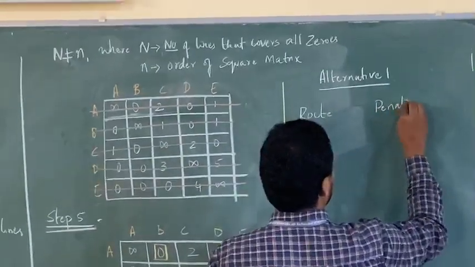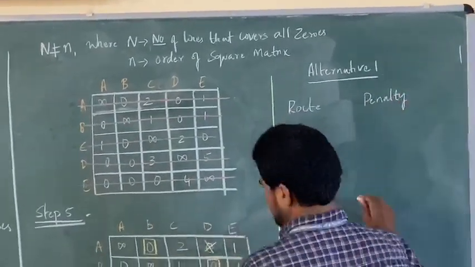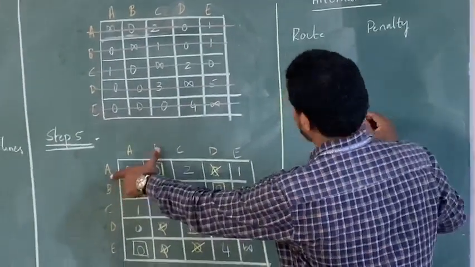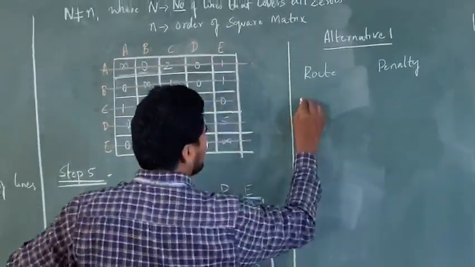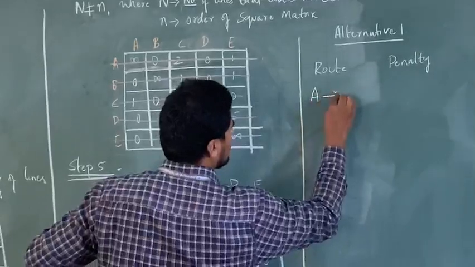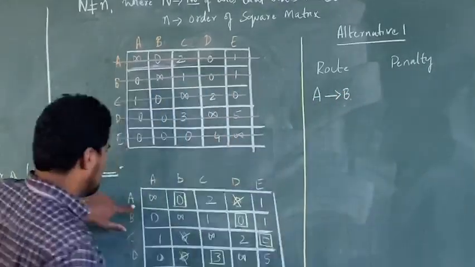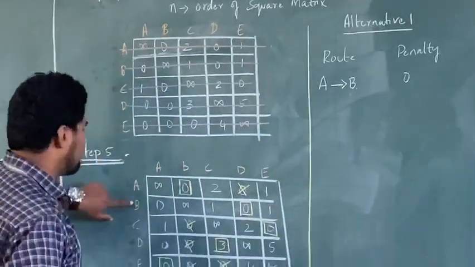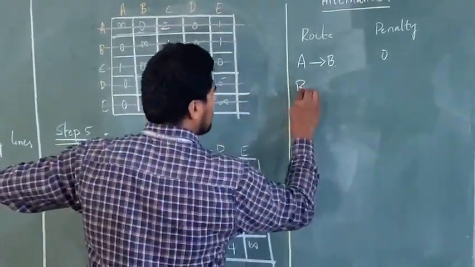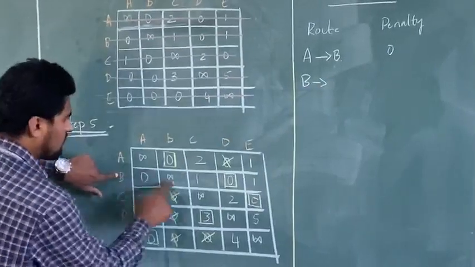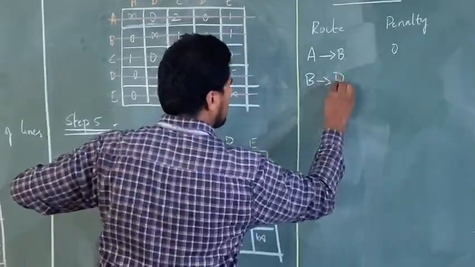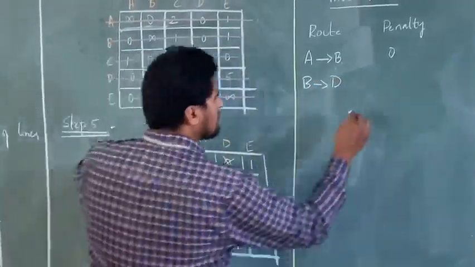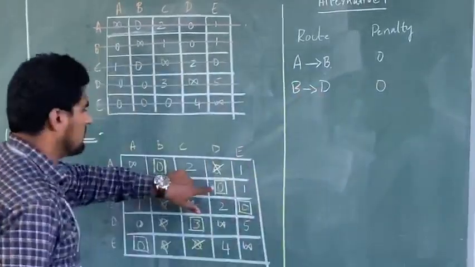We started with A to B, the penalty is 0. Again from B, I went to city D and the penalty is 0.